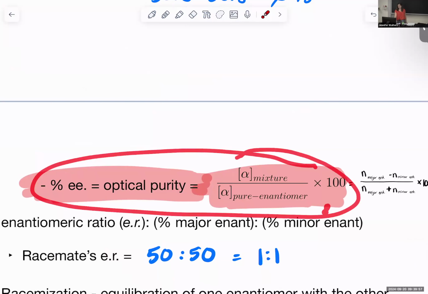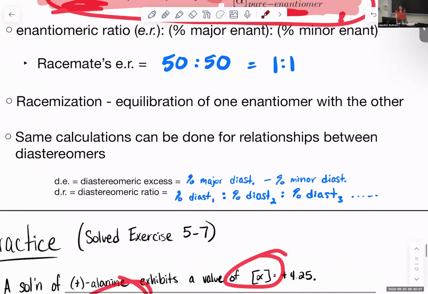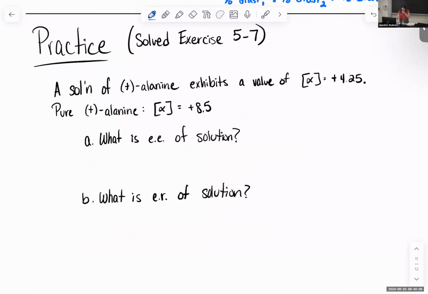To do this, I see alpha values, so I'm using the formula for percent EE, the one with alphas, and that's the one I plug the values into. My percent EE is the mixture, which is my observed, over the pure. So 4.25 over 8.5 is half, which is 50%.